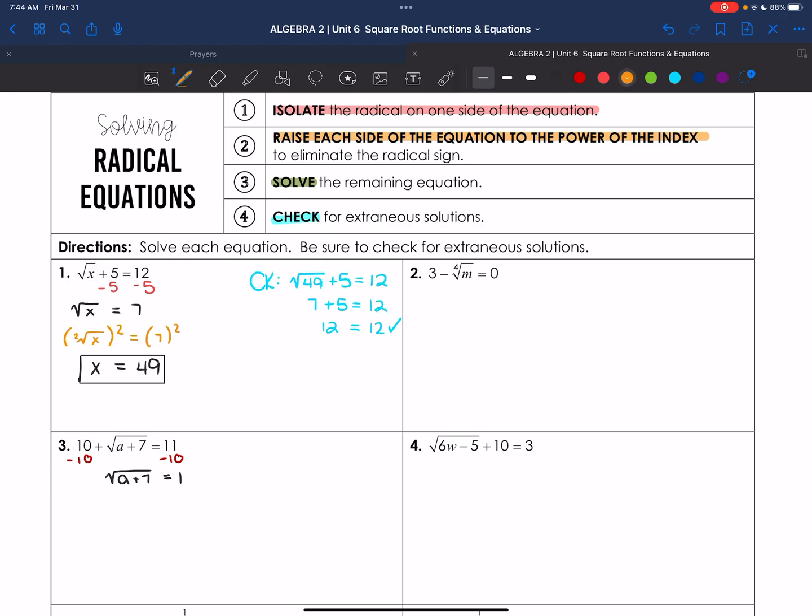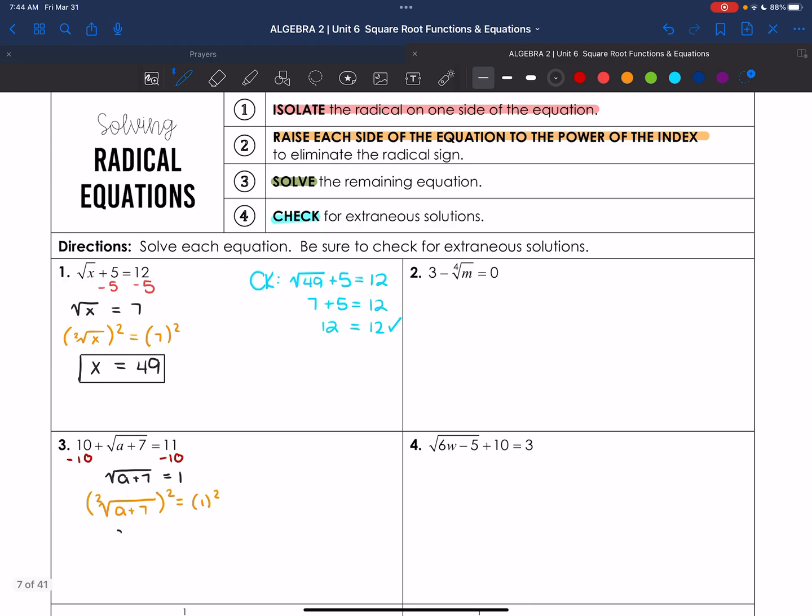Our next step is to raise each side of the equation to the power of our index. Well, this is a square root, which is the second root. So we're going to need to square both sides of this equation. And that gives us just a plus 7, since we have undone our root, and 1.